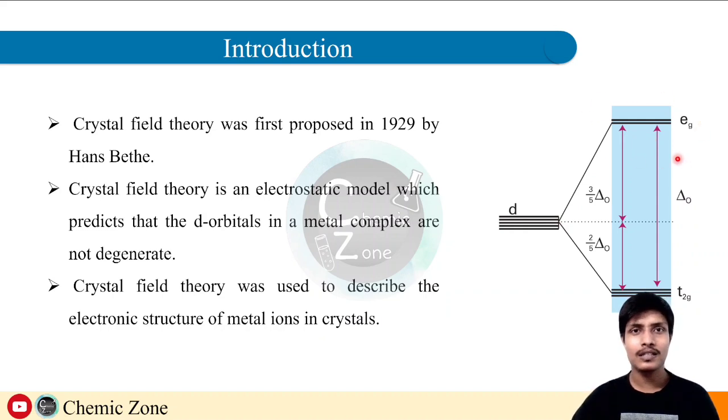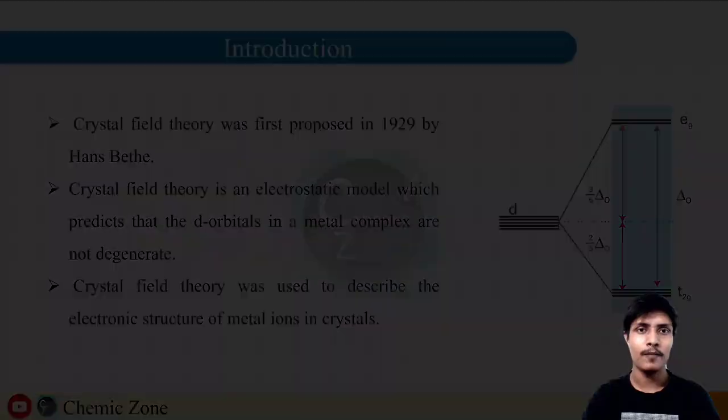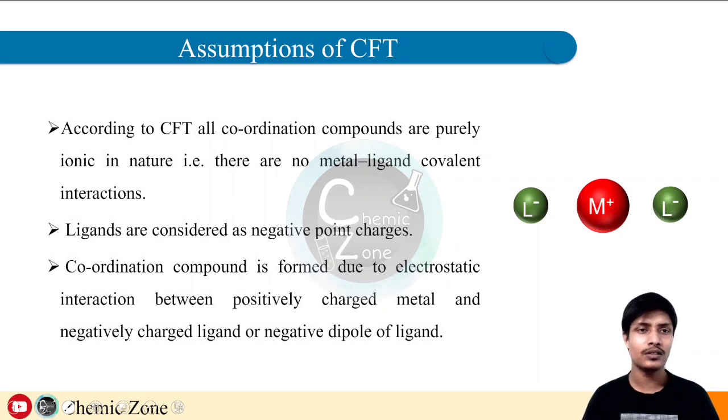So this crystal field theory was used to predict the electronic configuration of a metal ion present in a crystal. It has some assumptions. According to this theory, all the coordination compounds are purely ionic in nature.